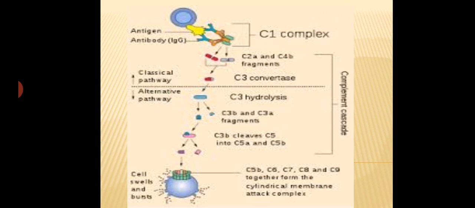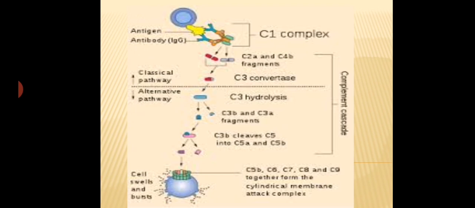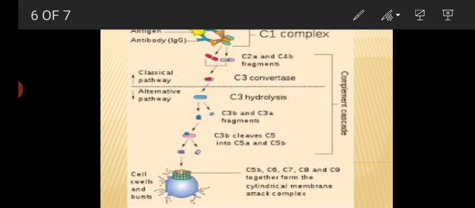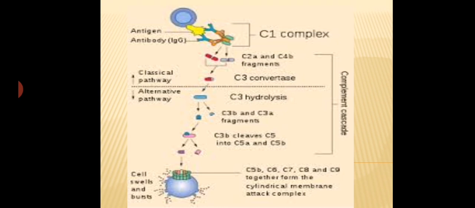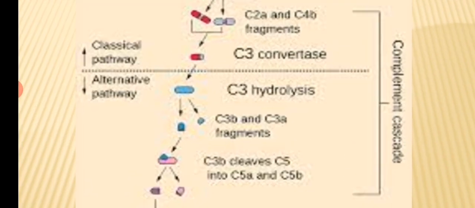So in this particular PPT, I have shown the two pathways of complement activation, classical and alternate. Here the classical pathway is shown, and the alternate pathway is shown here. In this slide you can observe how there is a formation of membrane attack complex.